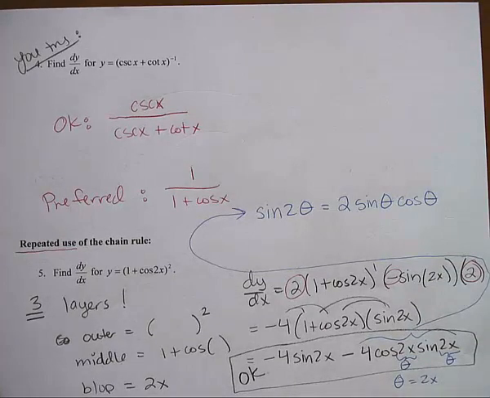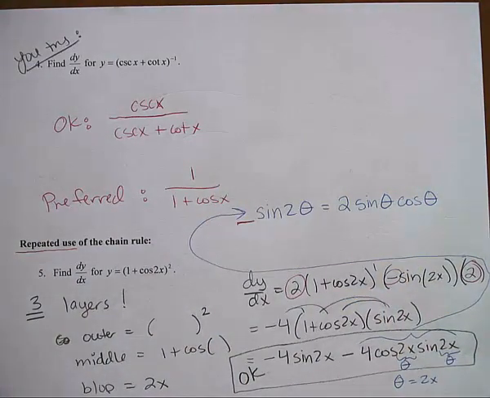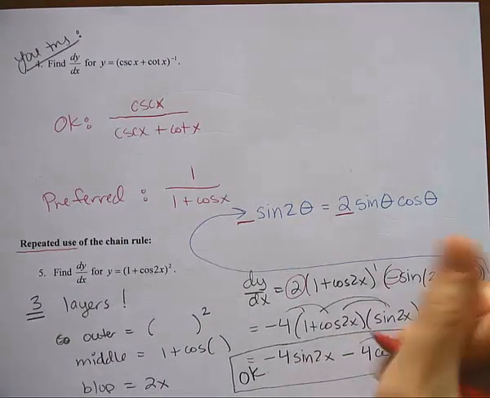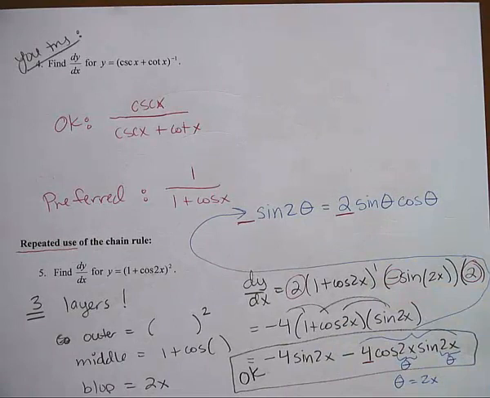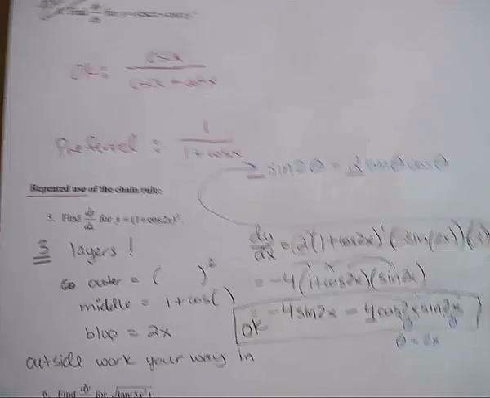But another interesting thing about the sine double angle is that the coefficient of the double angle is half the coefficient of the single angle. So in this case, my single angle coefficient is 4. So my double angle coefficient would be half of that, would be 2.